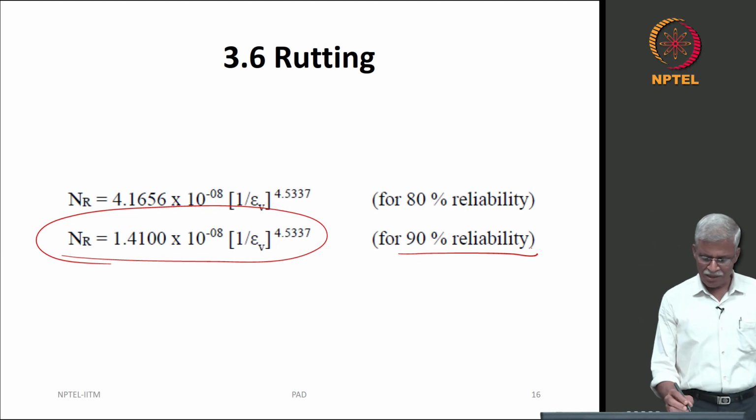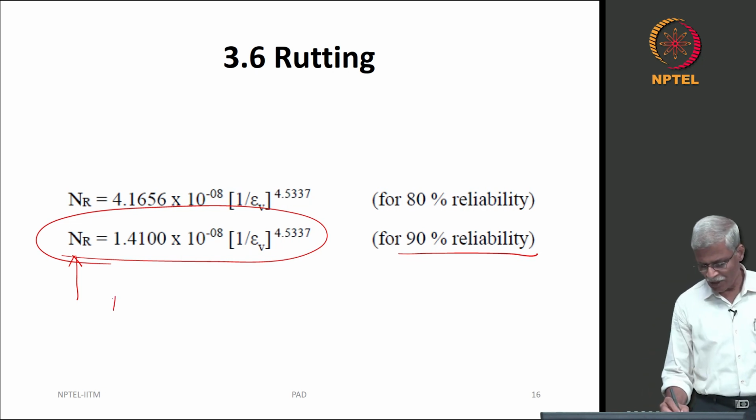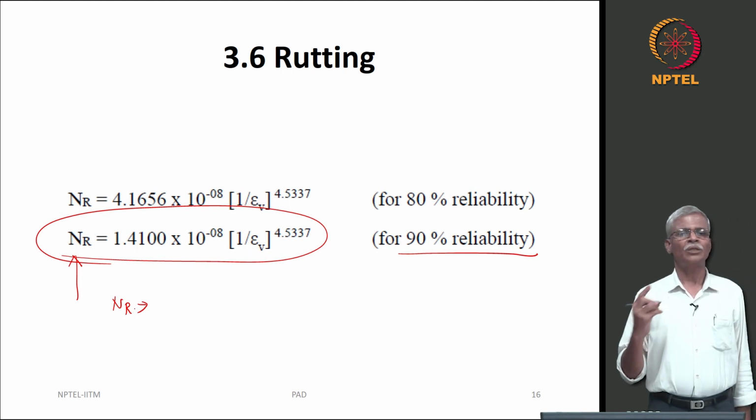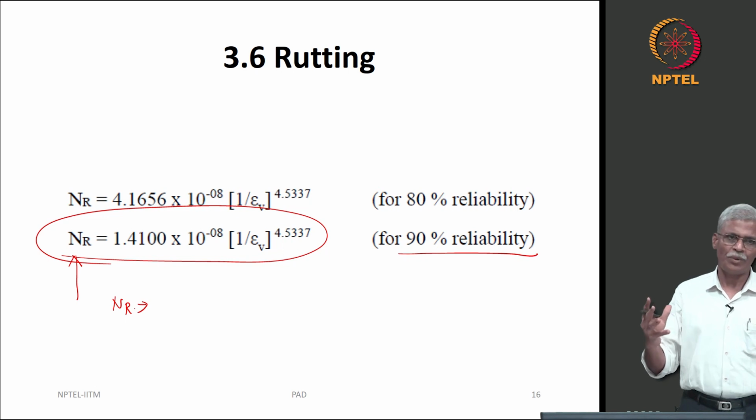Now, let us understand this carefully. Let us take a look at the left side of the equation. This left side of the equation says number of repetitions. Now, the first thing you need to ask: number of repetitions means what? Number of what repetitions?